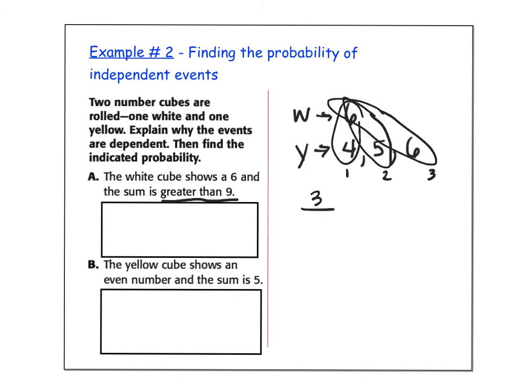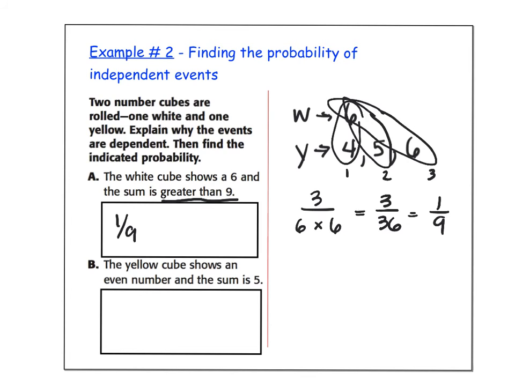And what are the total possible outcomes? Well, you have 6 chances on the white die and then 6 chances on the second die, so the total number of outcomes would be 36. So the chance of rolling your favorable outcome would be 3 over 36, which is 1 over 9. So the answer is 1 over 9, and they're dependent because one affects the other. They have to add together to be above 9.